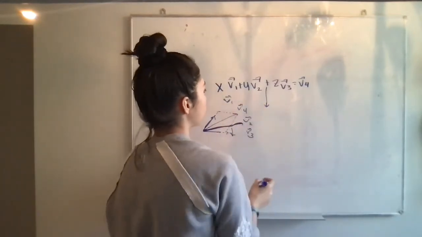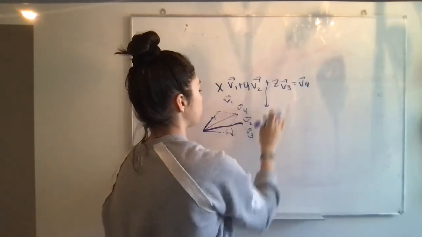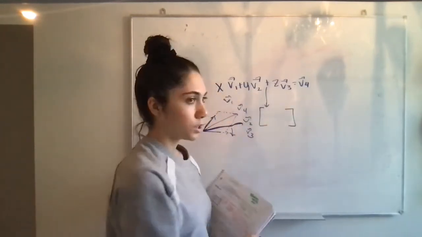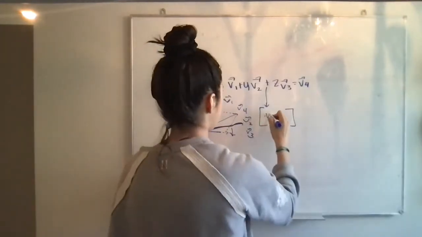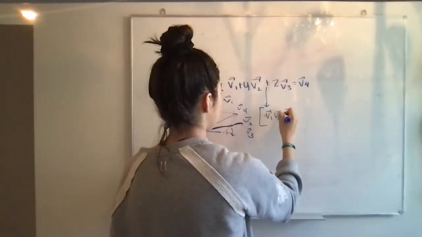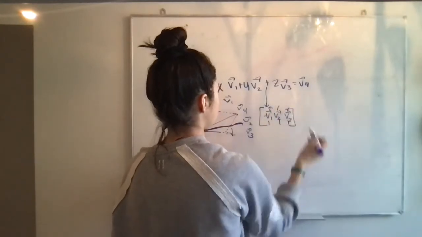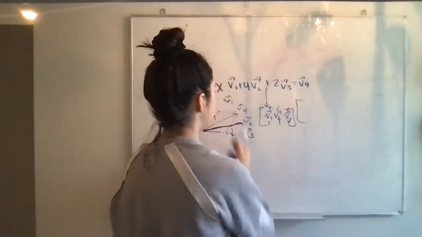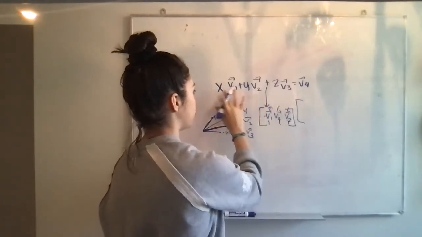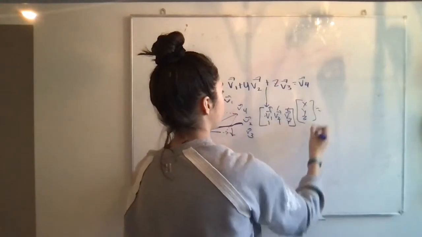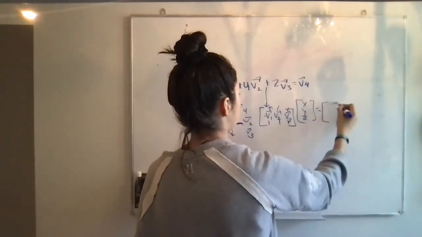We can say these three vectors are three columns of a matrix: V1, V2, V3, up, down, up, down, up, down. Then you multiply that times a vector with three components, x, y, z, equals V4.